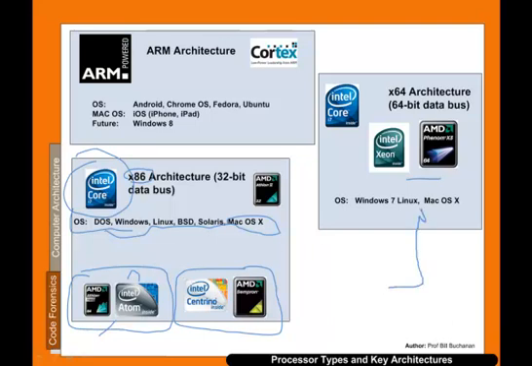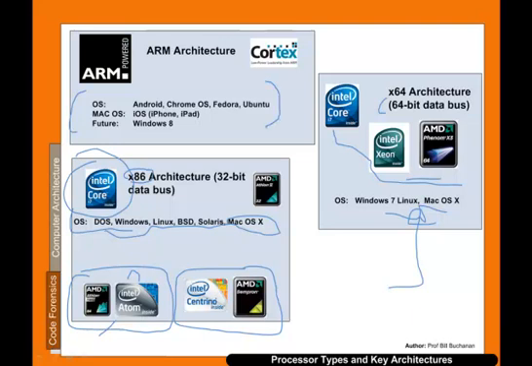The newer type processors are the 64-bit ones, and these support a 64-bit data bus, and that includes the i7, Intel Xeon and so on, and that's supported in Windows 7, Linux and Mac OS. An increasing amount of devices actually use the ARM architecture.